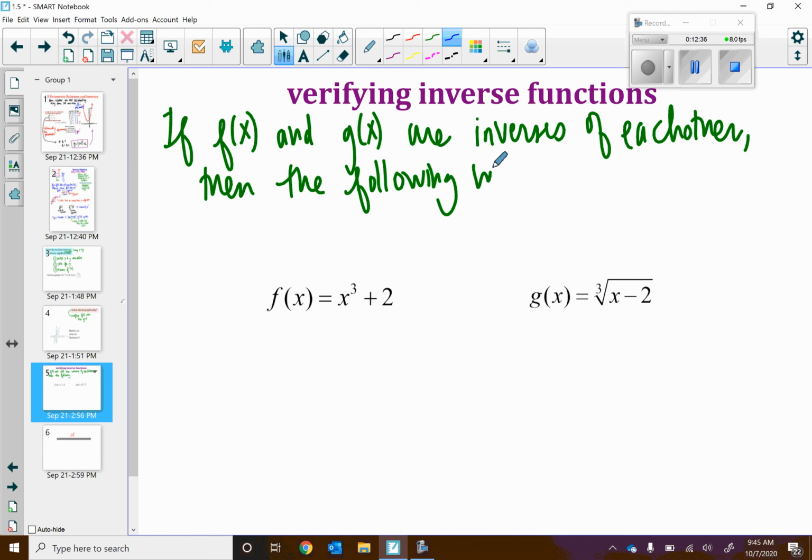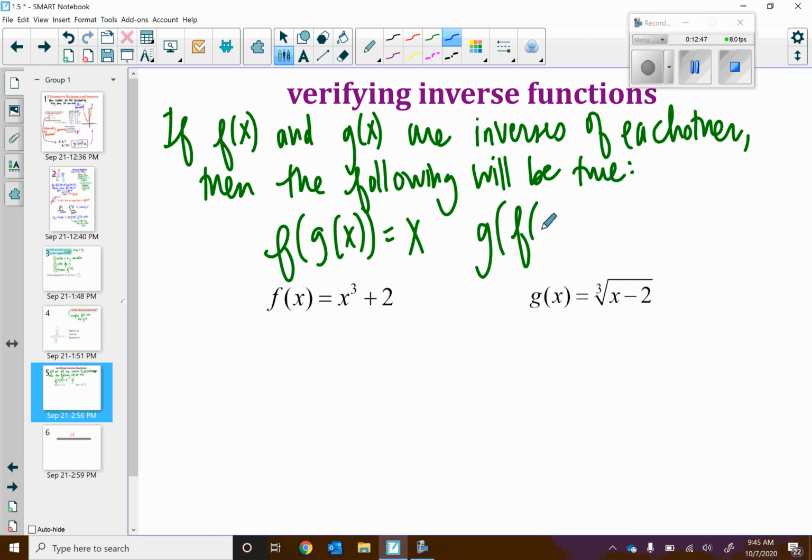F composed with g of x will be equal to just x, and g composed with f of x will be equal to just x. Really, inverses undo one another. It's one way to think about them.